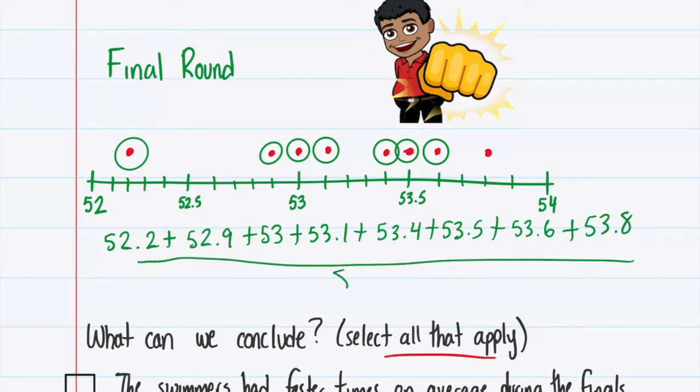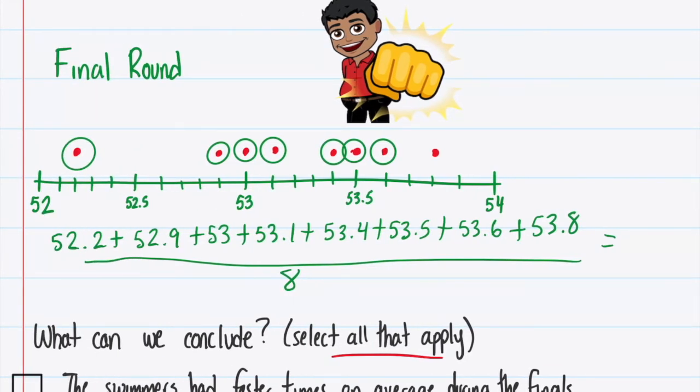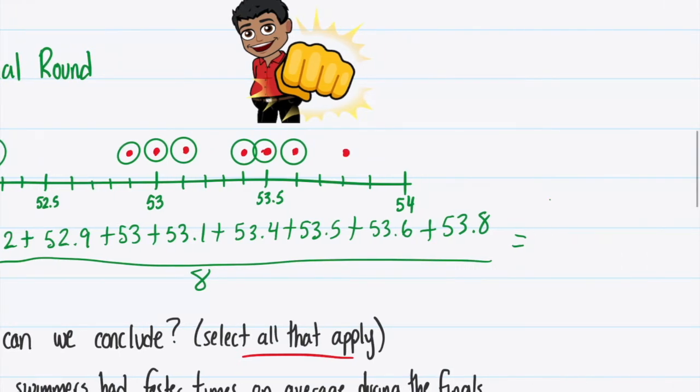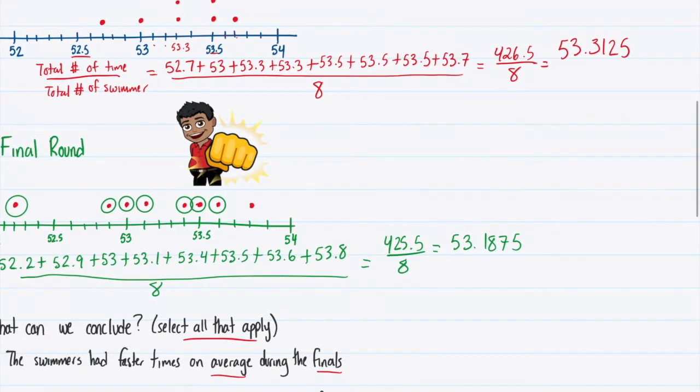Divide that by 8 as well. So again, let's do the math. It's going to be a little pain, but it's okay. And if we did that, it should give me 425.5. Divide that by 8, and we got ourselves a 53.1875.